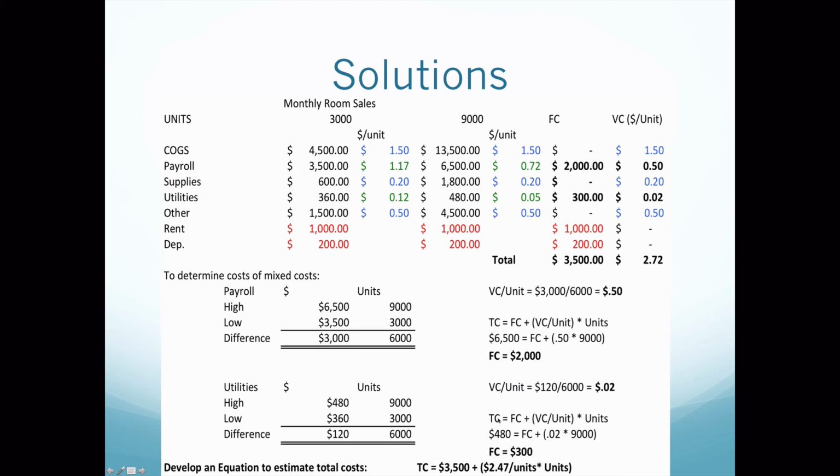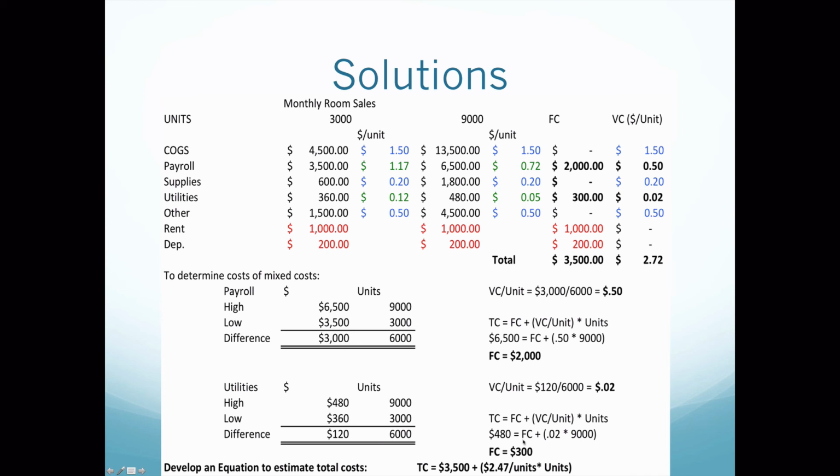Finally, we plug in our high month's cost in units and our variable cost per unit into the formula and solve for fixed costs. So we've got $480 for our high month in dollars. We get 9,000 units in our high month, and our variable cost we just calculated per unit is 2 cents. So 0.02 times 9,000, I believe, is 120.